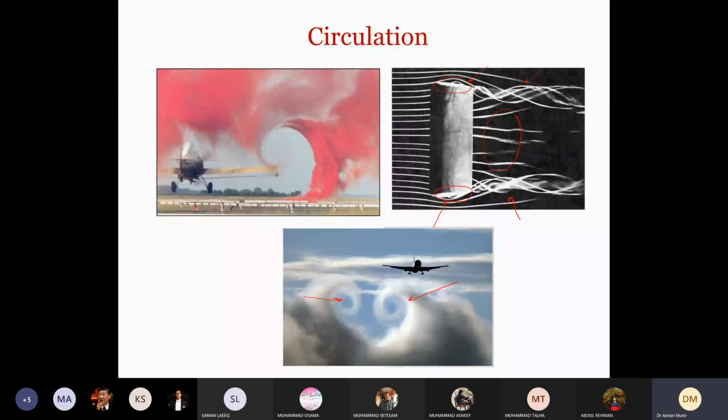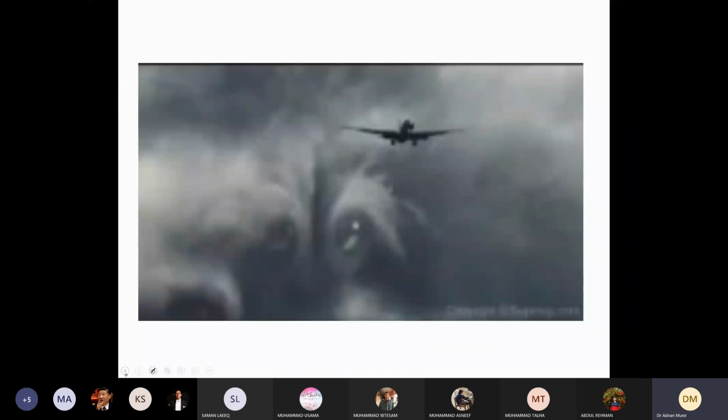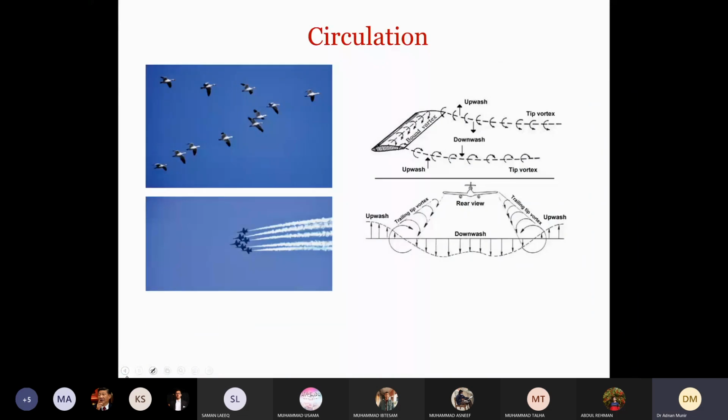Now, in order to physically understand these tip vortices, I'll show you a video here. Before I show you the video, we'll discuss this slide first. So now you can see here that the same wing is shown, and the tip vortices and the bound vortices are all shown here. So this is the incoming flow U.